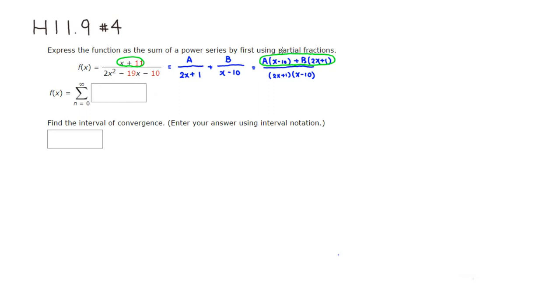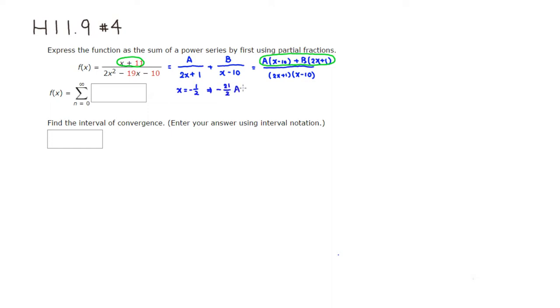So let's find A here. To find A, I'm going to plug in x equals negative 1/2. That way, you have a 0 here, so B goes away. Negative 1/2 minus 10 would be negative 21 over 2.